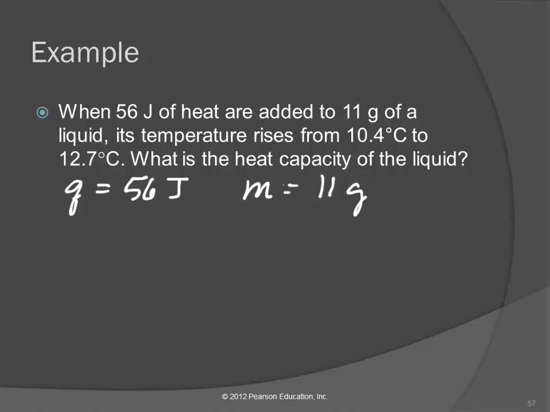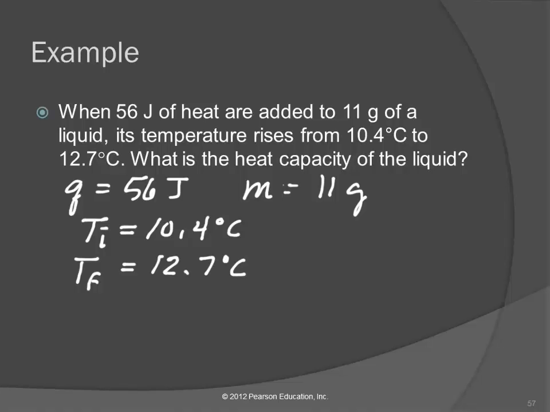Temperature rises. Okay, so it may be helpful to identify the final and the initial. The initial temperature is what it starts at. The initial temperature is 10.4. The final temperature is what it goes to, 12.7.